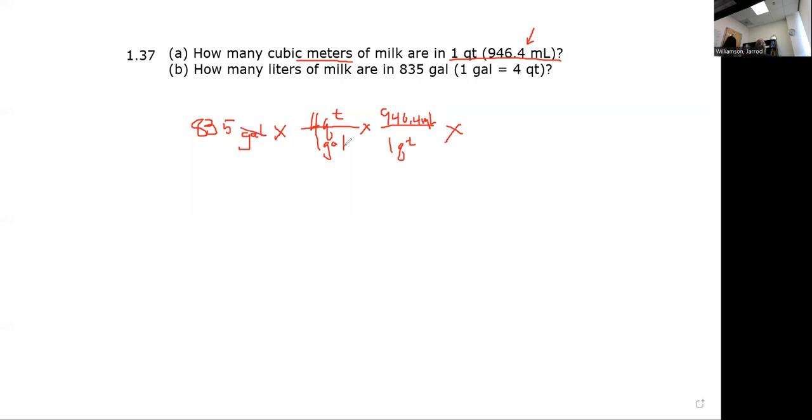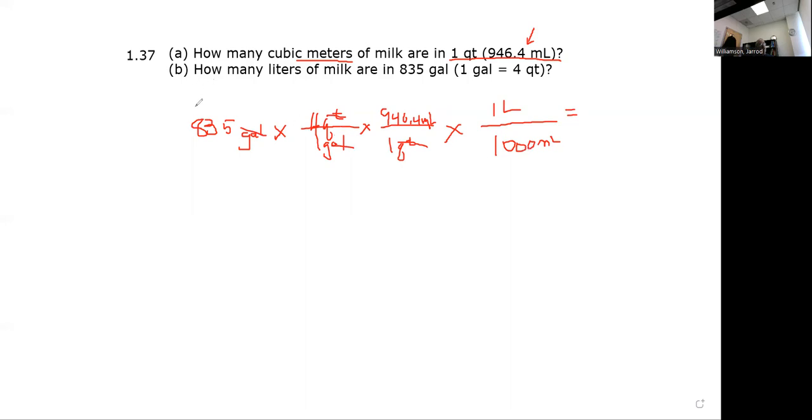That'll get me from gallons to milliliters. And then to turn it into liters, I know that 1,000 milliliters is 1 liter. And this is exact.